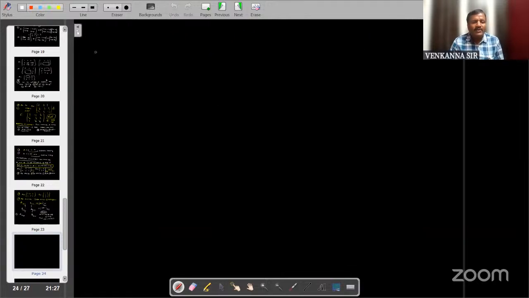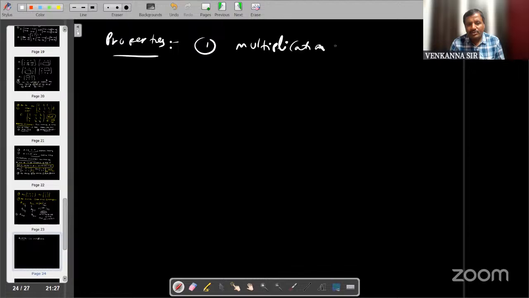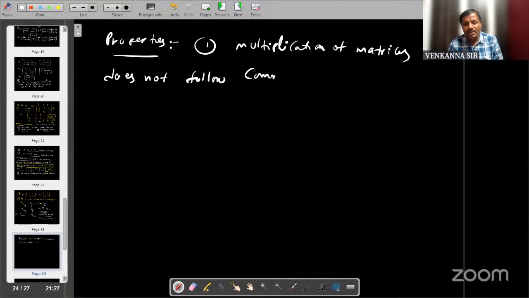Now, properties of multiplication of matrices. Multiplication of matrices does not follow the commutative law in general.